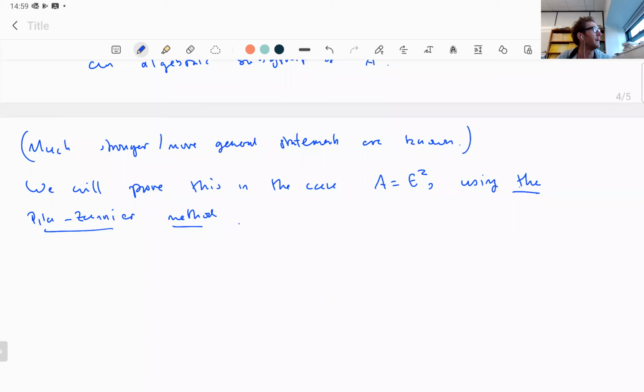There's one that we don't really see, which appears in more complicated problems. We won't prove it in that case. We'll prove it in the case A is E squared with E defined over a number field.